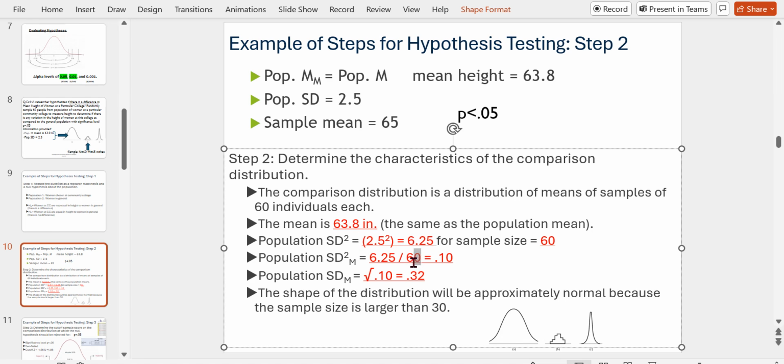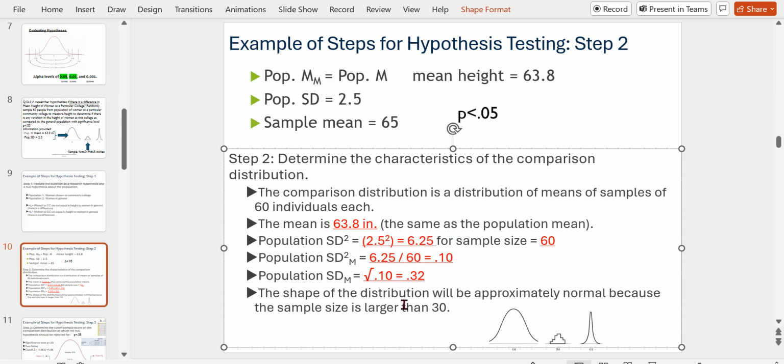Then you divide it by 60, your sample size, and you get a population variance for the DOM of 0.1. Then you square root that to get the standard deviation of the DOM, which is 0.32. And don't worry, this number is smaller than this number. The math adds up.